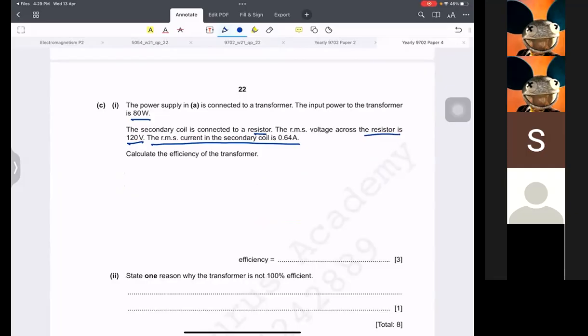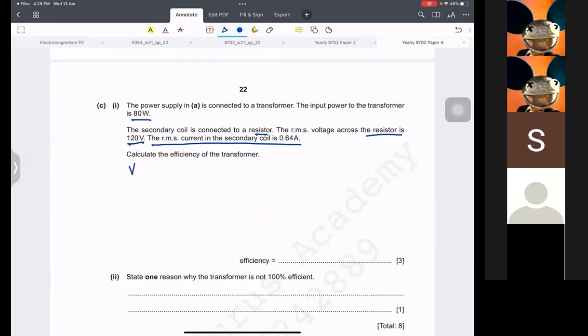So VRMS is 120 and IRMS is 0.64. So the mean power is going to be 120 times 0.64. You guys agree? जी सर. बताओ फिर आंसर बताओ इसका क्या है. ये कितना आता है? सर ये आता है 76.8.